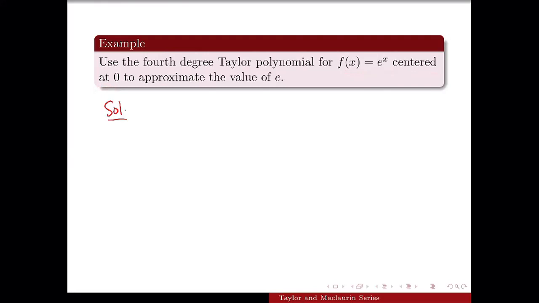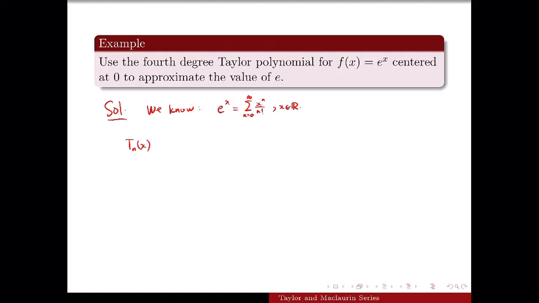Solution. We know that e to the x is equal to the sum of x to the n over n factorial, n from 0 to plus infinity, for all x in the set of real numbers. Now, we look at T n of x.